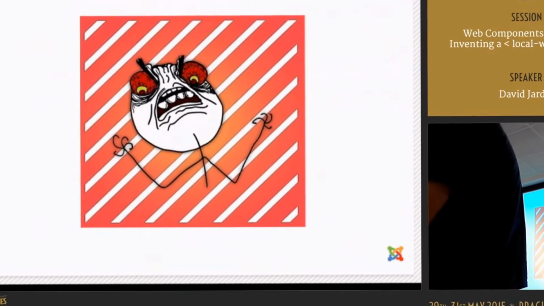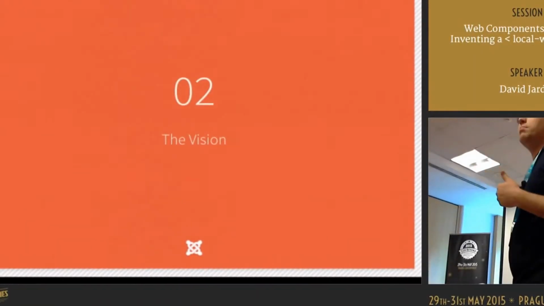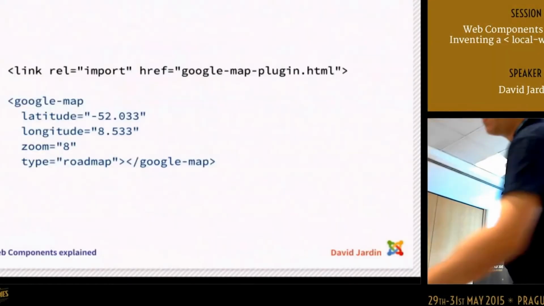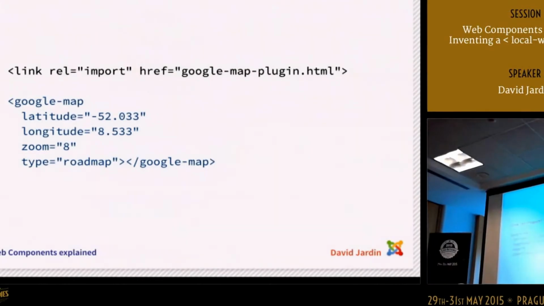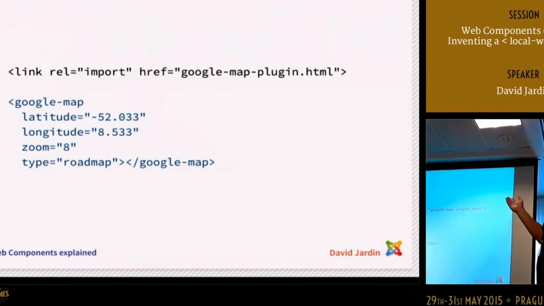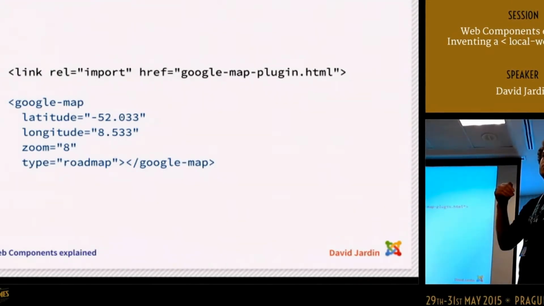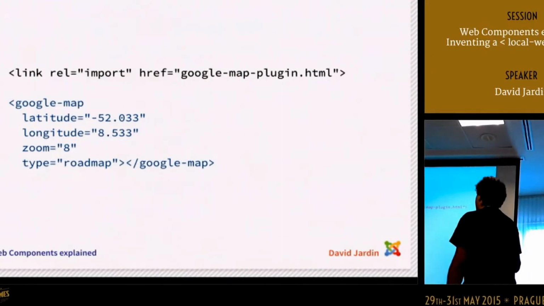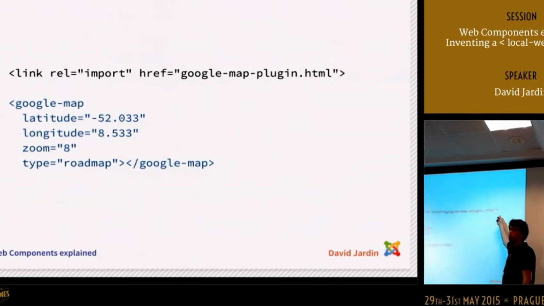And so some people that are way smarter than me developed a vision. That's the vision of web components. In my little example, this is what the Google map that we saw in the first slide would look like in a web components world. You have one part, which is the actual import.